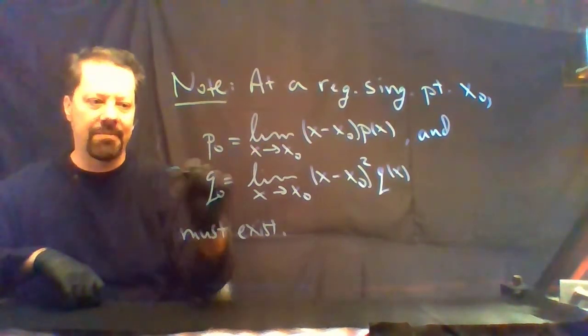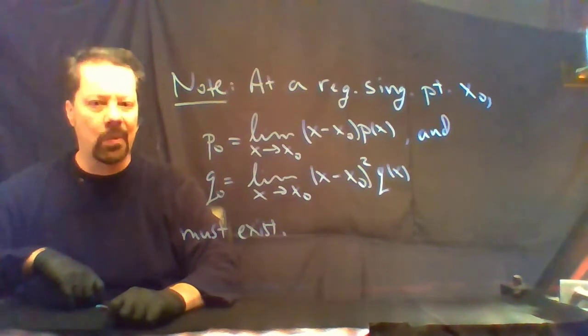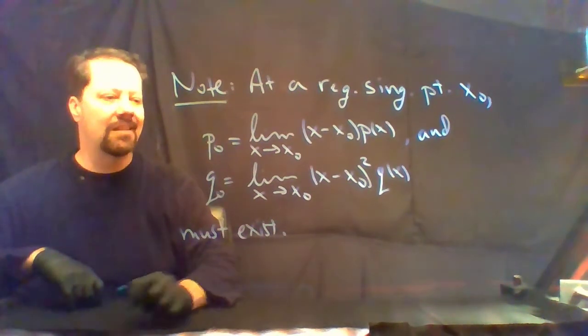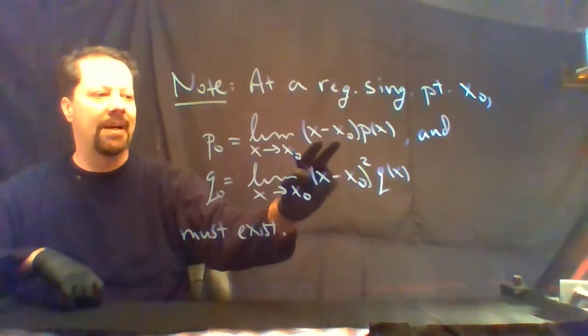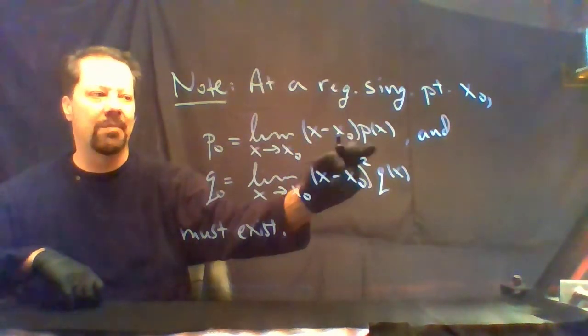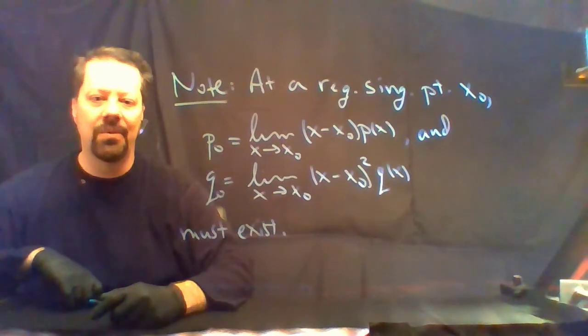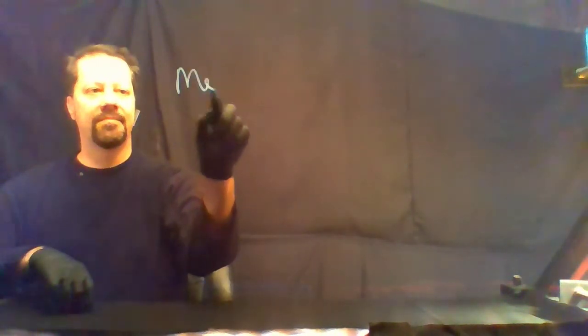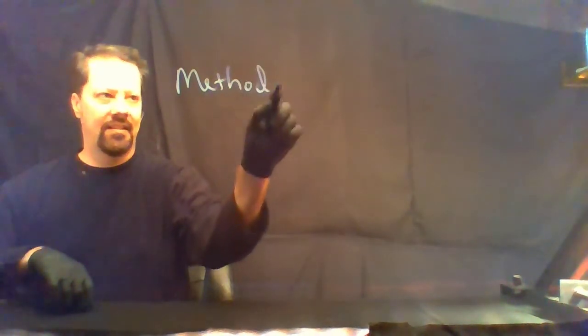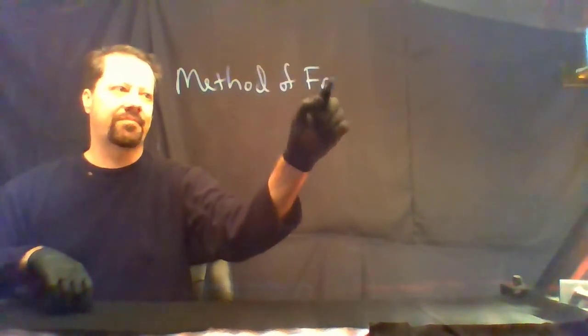These are the values that patch the removable singularity holes at x naught once we multiply by one factor of x minus x naught onto p and two factors of x minus x naught onto q. We're now ready to introduce the method of Frobenius.